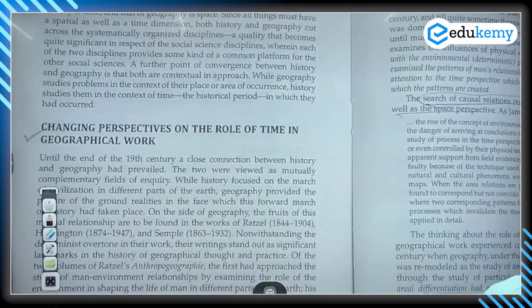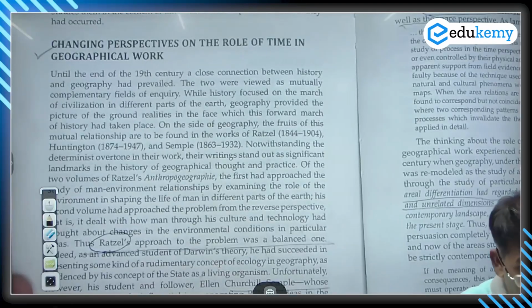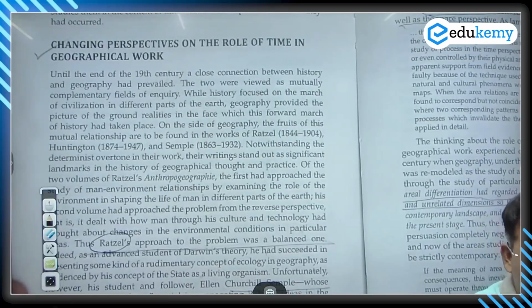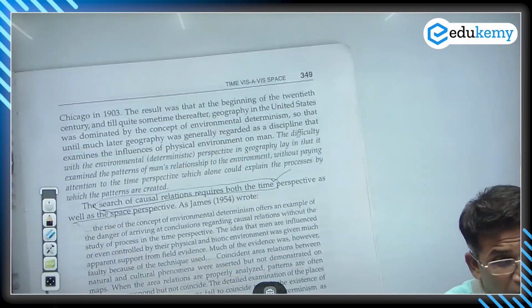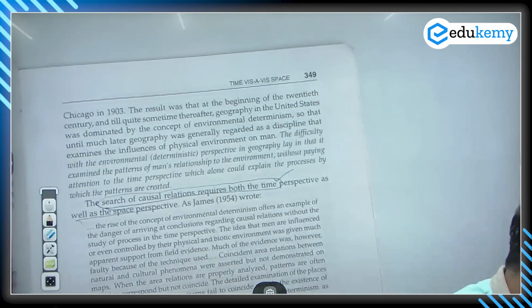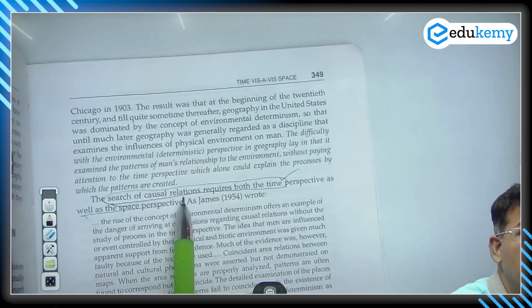So what does Ratzel think about time? Semple talks about the role of geography in history, environmental causations. So in environmental determinism there was a causal relationship between time and space.